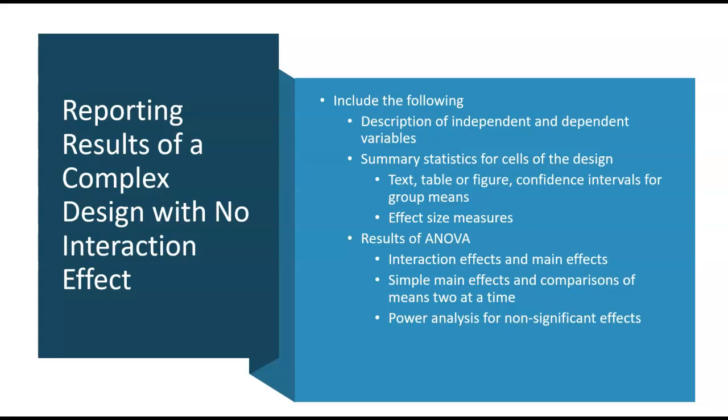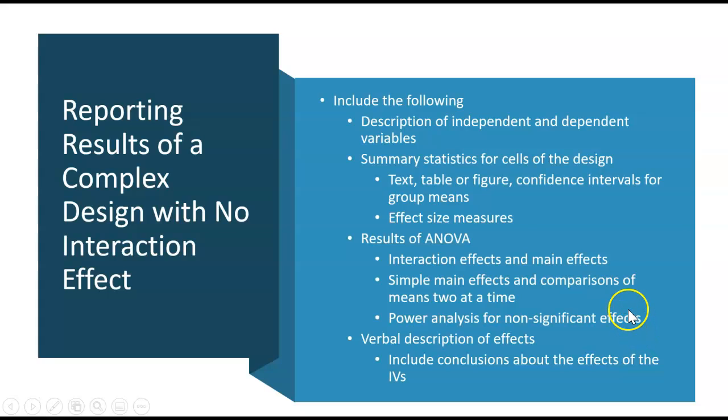When you report the results of the ANOVA itself, you need to provide information about the significance test of the interaction effect and of the main effects. Simple main effects and post hocs would be presented if they're appropriate. And if you have a non-significant effect, providing a power analysis is useful for determining why.